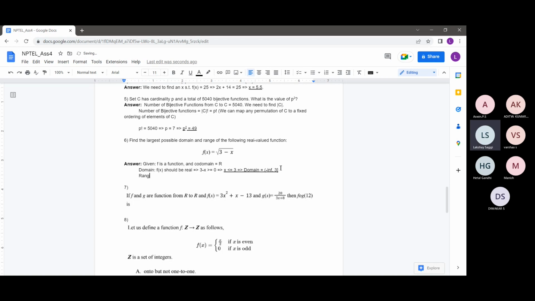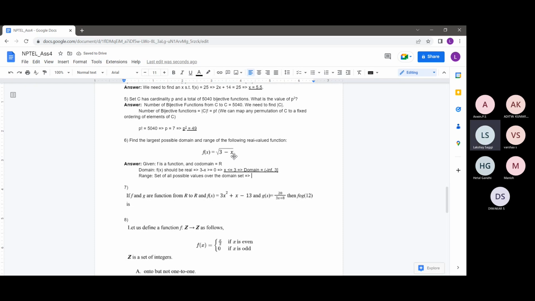Once we have figured out the domain, then we can figure out the range as well. Range is basically the set of all possible values over the domain set, right?